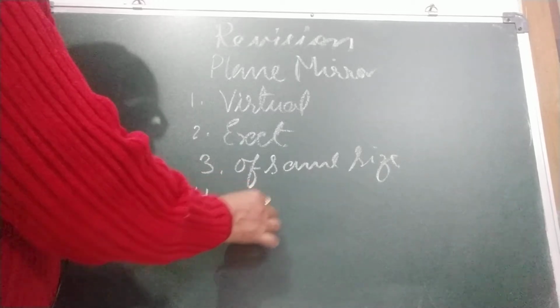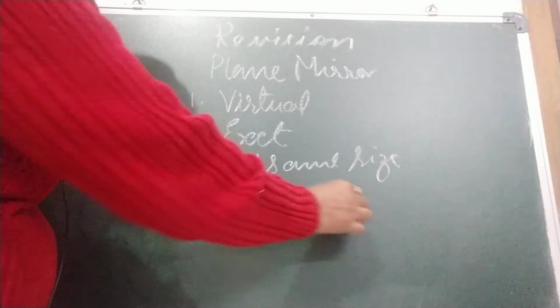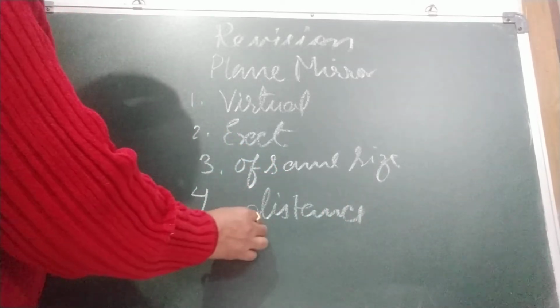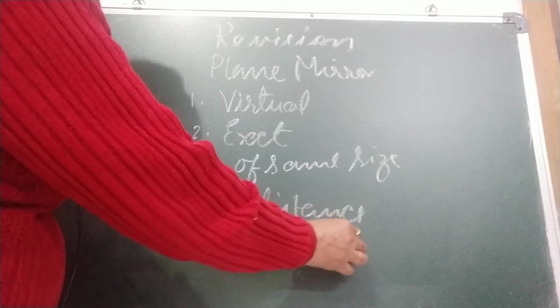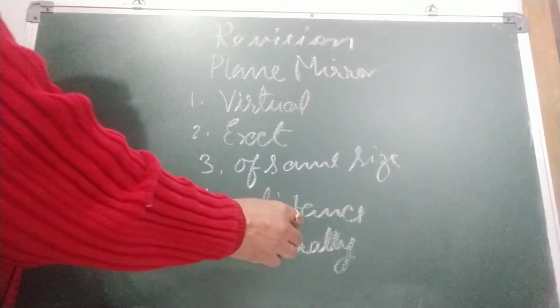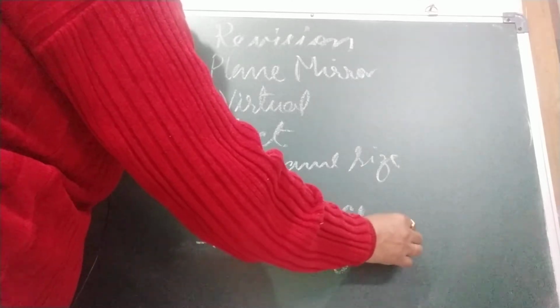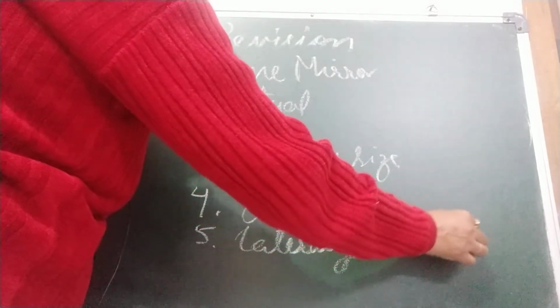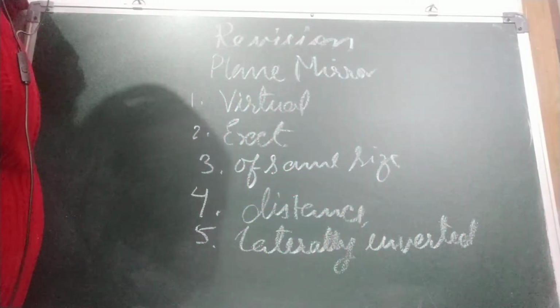So the distance is almost the same. And last is laterally inverted. Our left is our image's right. So that is called laterally inverted. Okay. So these are the properties.